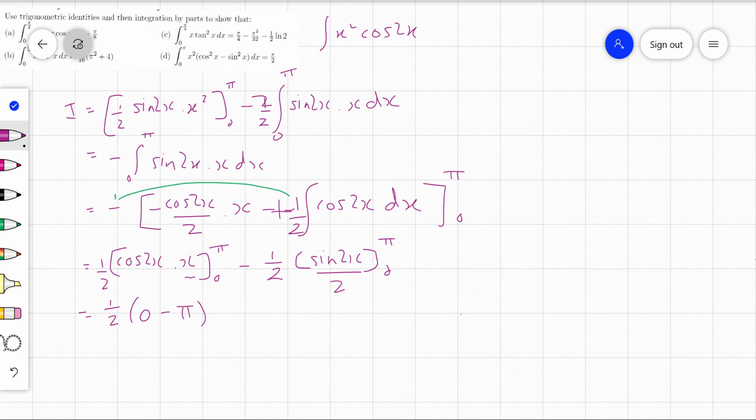When I put pi in first, cos 2 pi is 1 times pi. So I get pi minus 0. All right, this one I'm going to put a quarter here. For this one, again, you're just going to get 0 minus 0. Nice. So we're going to end up with pi on 2, which is what we wanted. So good.